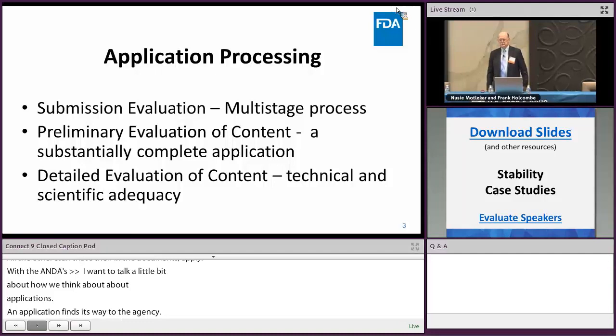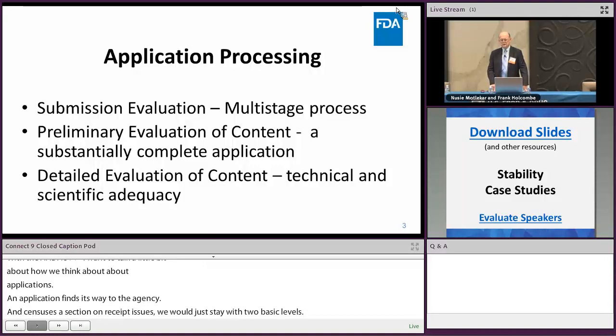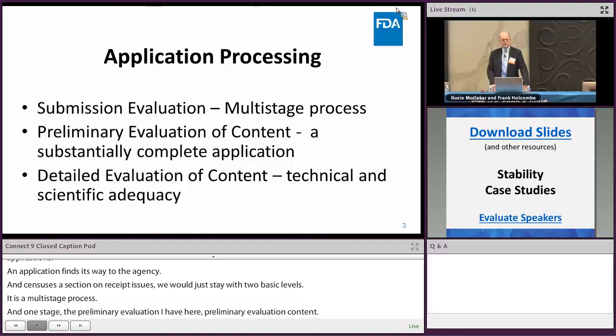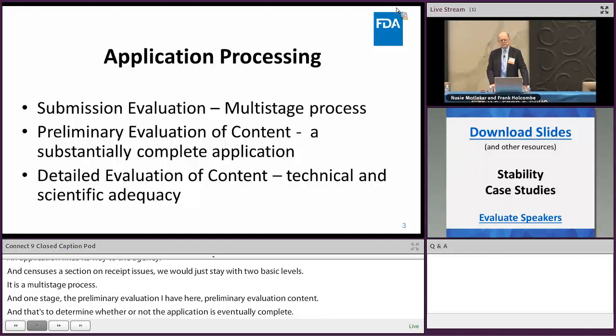It is a multi-stage process, and the one stage I have here is preliminary evaluation of content, and that's to determine whether or not the application is substantially complete.